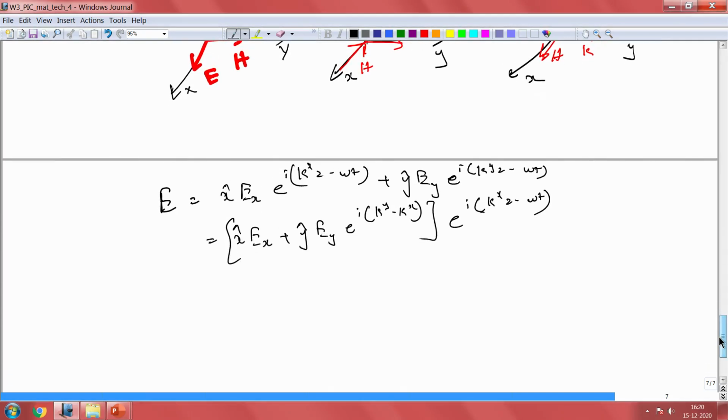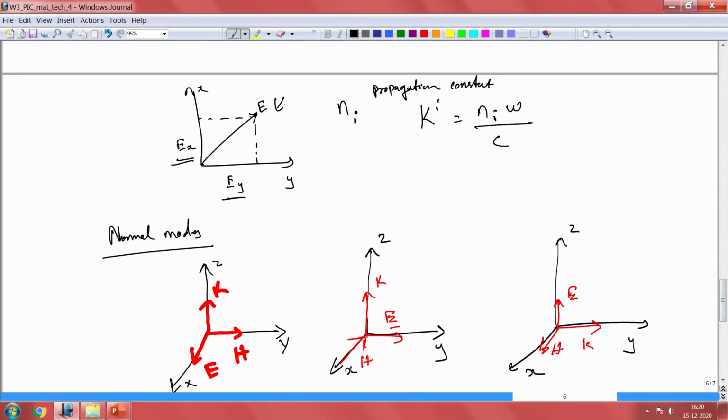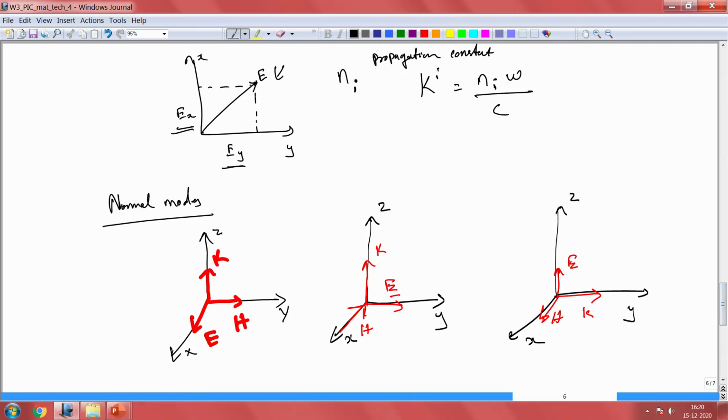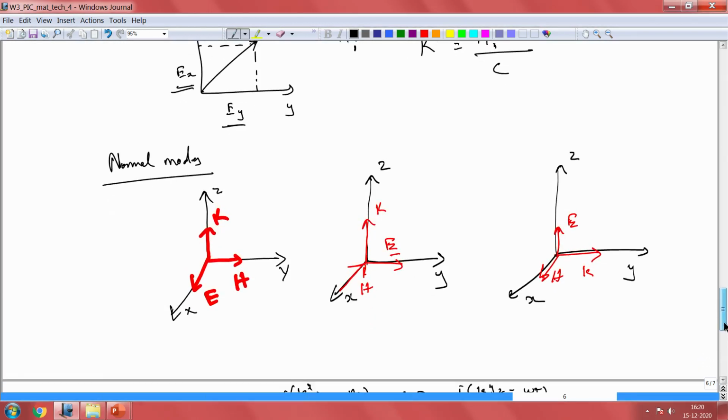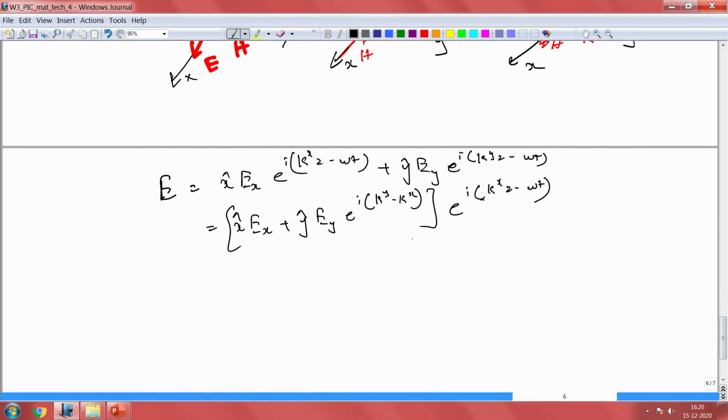So now the wave is propagating along X and Y direction. So this is something we saw here. When you are having a wave that has a field both in X and Y, it will have X and Y components. So now the X and Y components are defined here, and they are moving with two propagation constants, the wave vector along X and along Y.